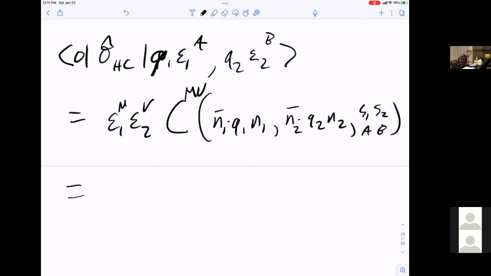And this whole thing needs to be equal to my tree level expression that I had at the very beginning, my Born configuration.